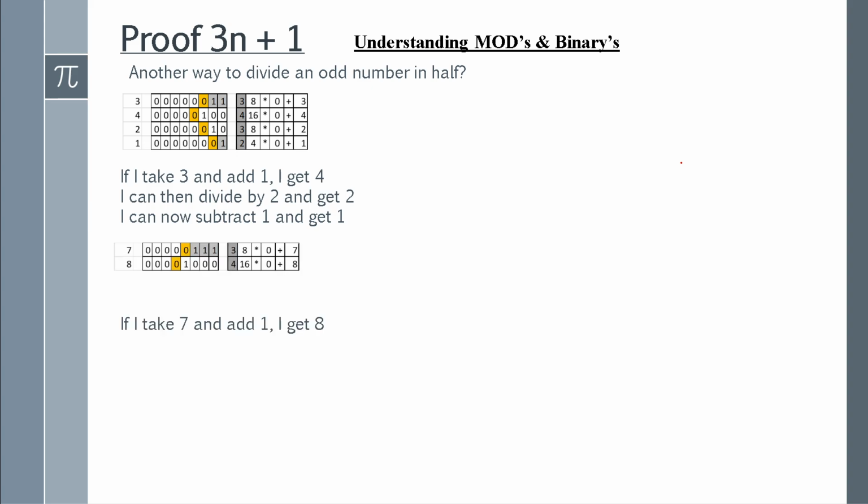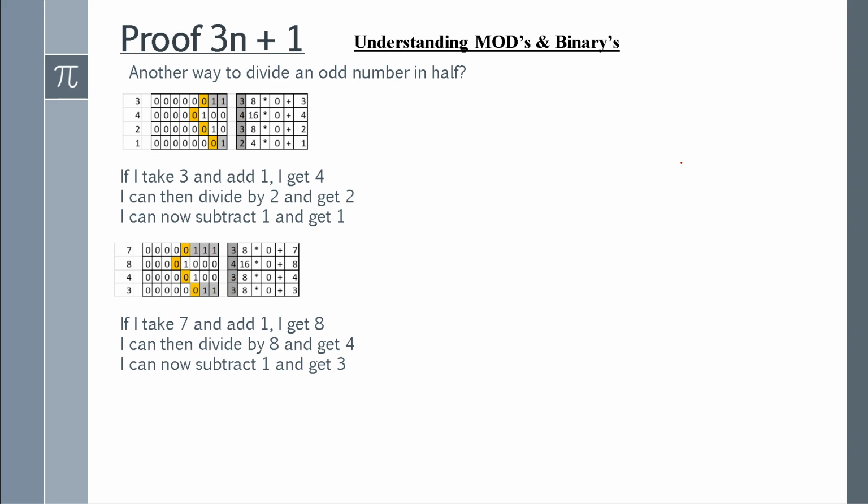So if I take 7, I add 1, I get 8. Take 8, divide it in half, and then I subtract 1, I get 3. Right, so I've divided the number of ones in half, right, the power position's at 4, and now it's at 3.